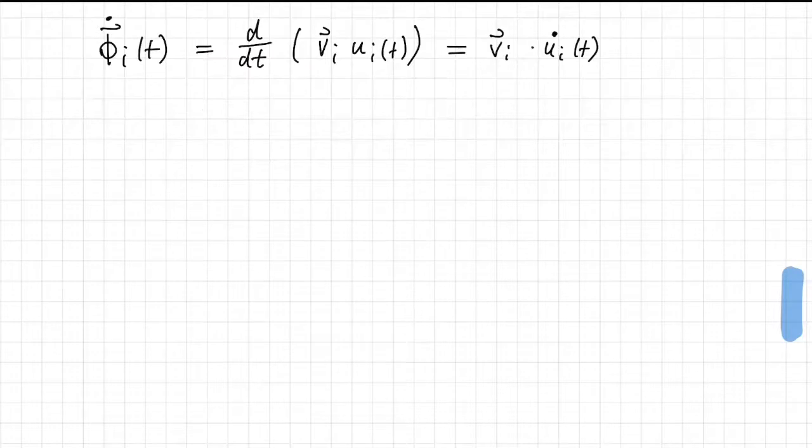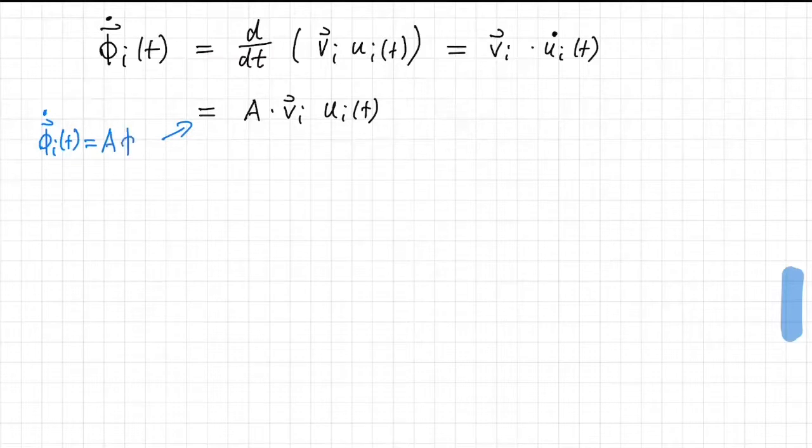Now we want this vector phi i to fulfill the differential equation, so phi i dot of t needs to equal A times vi times ui of t.